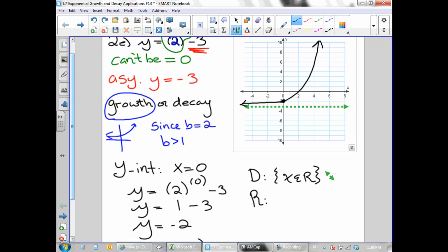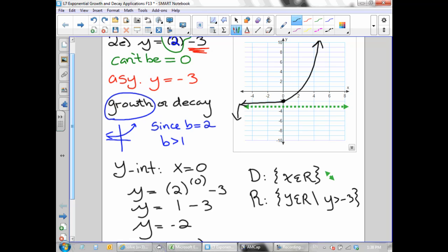Range is going to use real numbers as well, but the difference is this time it's always going to be greater than what? Like the asymptote blocks you at -3, right? You can't cross -3. It'll never come down here. So it's always got to be greater than -3.